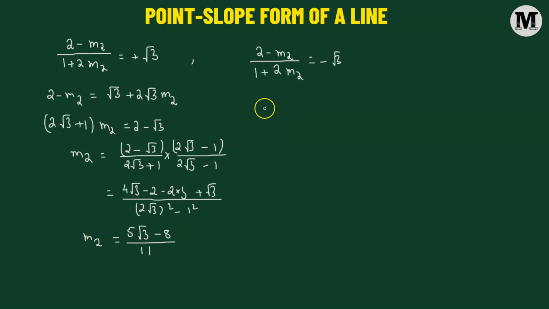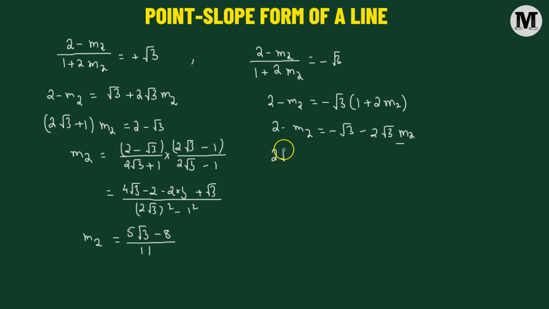If we use the other equation, so let's further simplify this. We're going to get 2 minus m2 equals negative square root of 3 multiplied to 1 plus 2 times m2. So we have 2 minus m2 equals negative square root of 3 minus 2 times square root of 3 times m2. So we will combine the terms containing m2. Let's take this term to the left hand side.